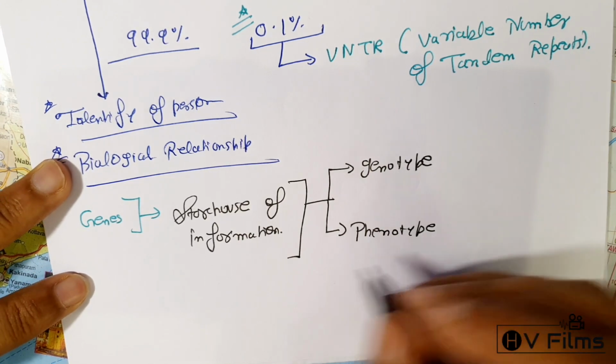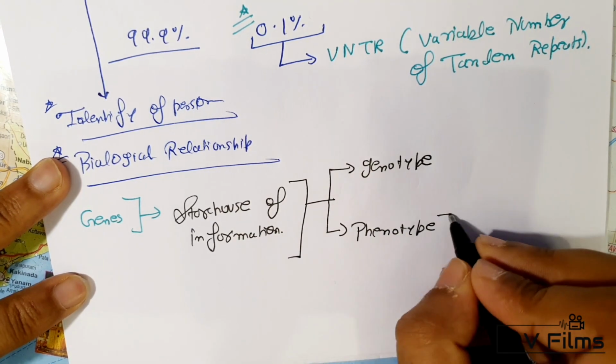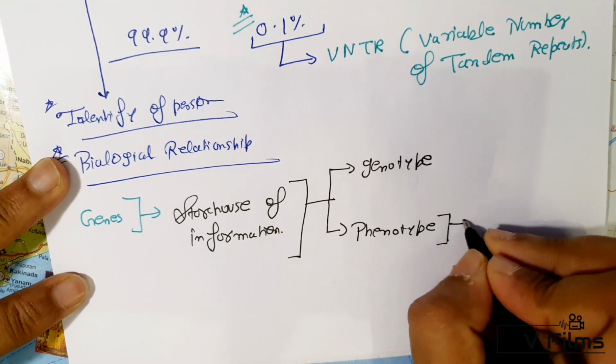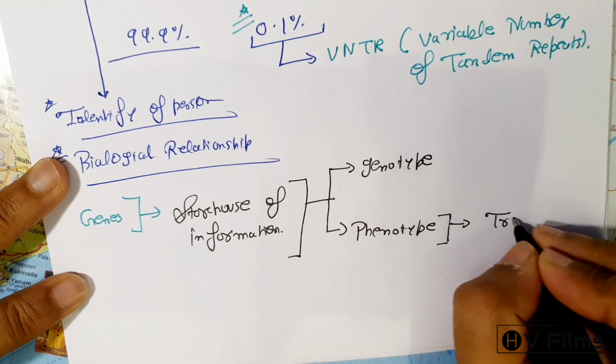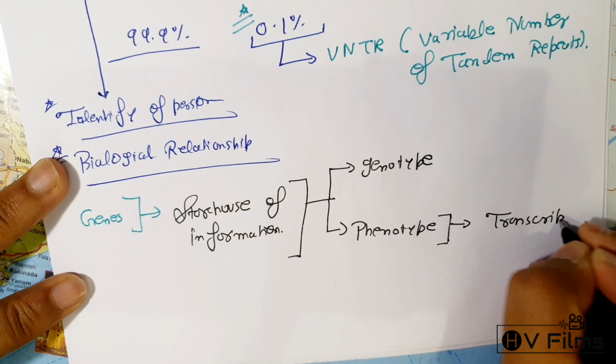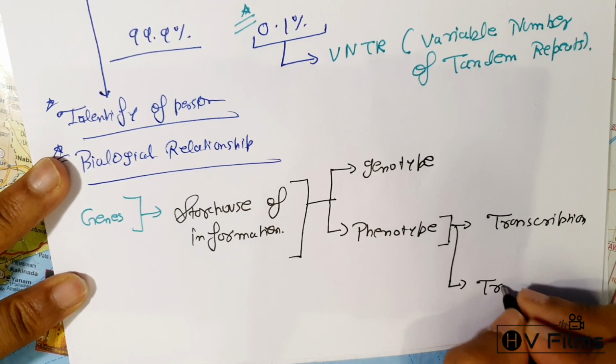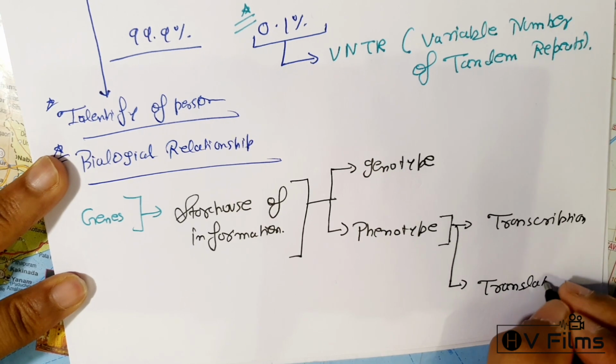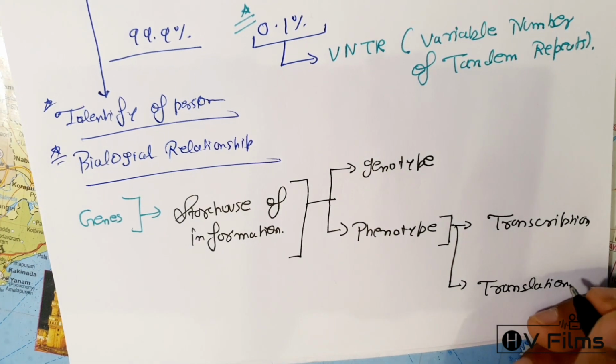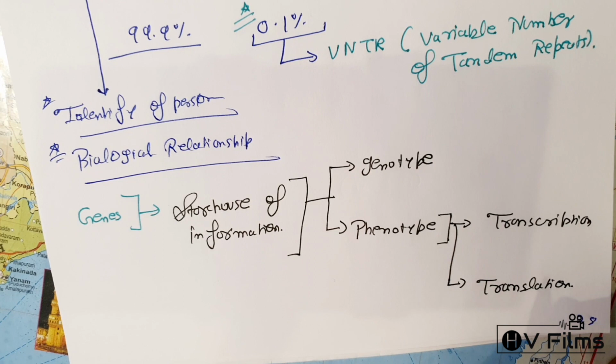So how does a gene affect the phenotype? It is through two things. The first one is what we call transcription, and the other one is what we call translation. Transcription is the process in which a copy of the gene's base sequence is made.